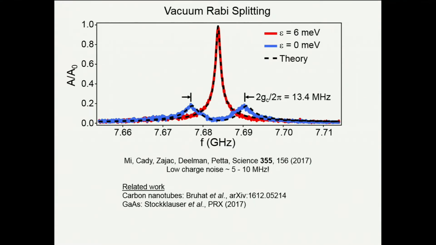And in this paper, Mi was able to show that we could reach a condition in our silicon devices where the coherent coupling rate actually exceeded both loss rates, the photonic loss rate and the qubit loss rate. And what this means now is that we can head in a direction where we can start to couple our silicon qubits using a single microwave frequency photon.